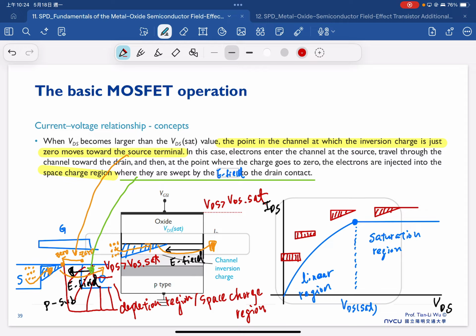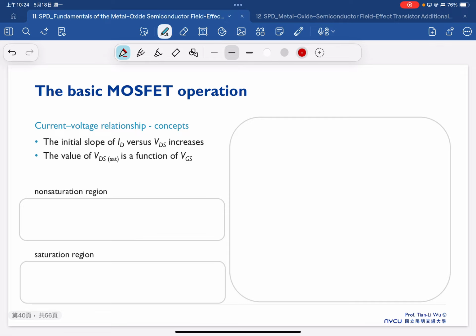Okay, so once we have a physics-based understanding of the ID-VD curve, next we want a solid equation that can help us determine this ID-VD characteristic more precisely.